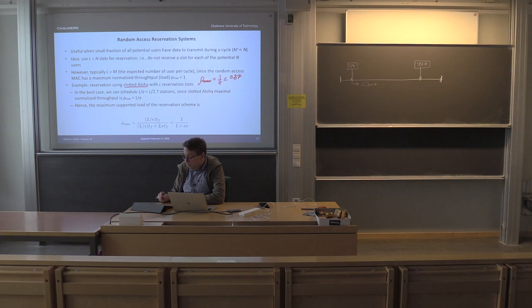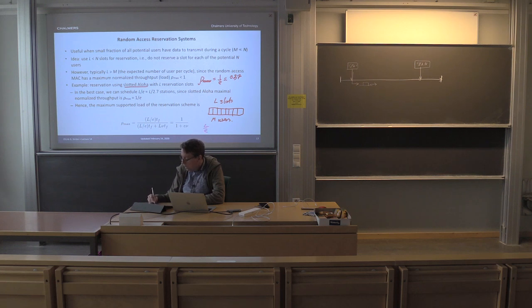So then the maximum supported load for such a reservation scheme is this: if we have L slots to schedule M users, and we know that if we have random access of M users into L slots, the best we can hope for is that we can serve L over E users.